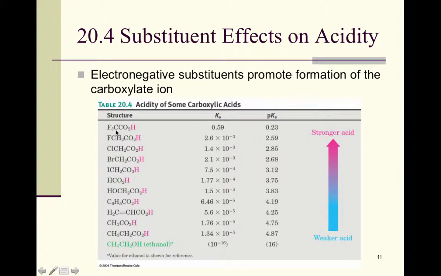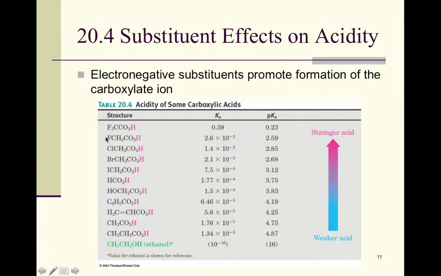What those fluoros are going to do is they're electron withdrawing, and they're going to cause all the electrons to be pulled towards it, away from this hydrogen. Since the electron density is going to be pulled away from this acidic hydrogen, it's more able to leave. What makes something a stronger acid is it's easier to get out of there.